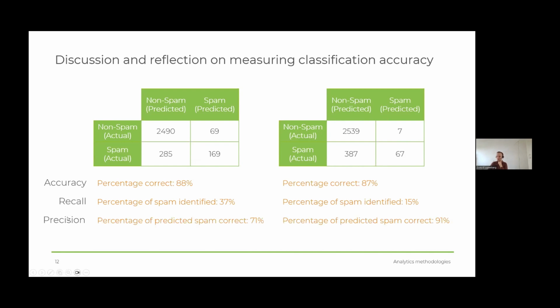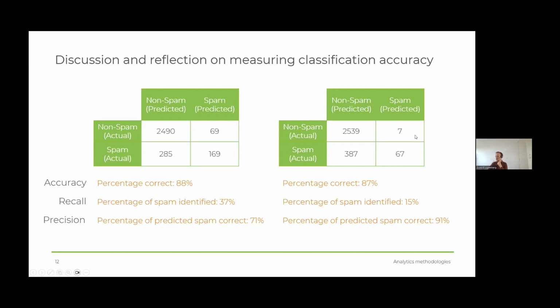But vice versa, the precision captures, out of our predictions, how many predictions were correct. So you can see classifier A has only 71% classified correctly, and classifier B is at 91%.